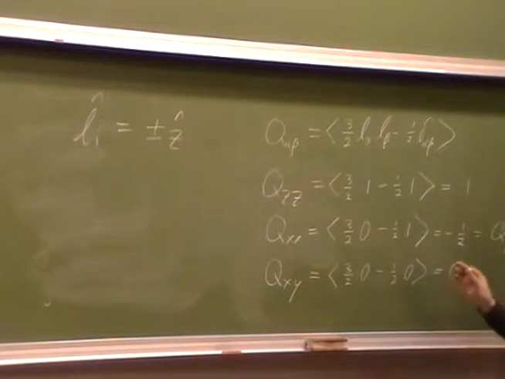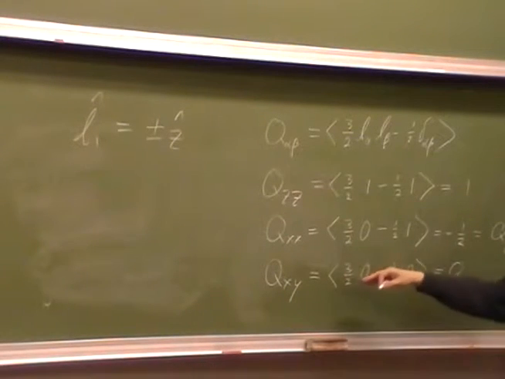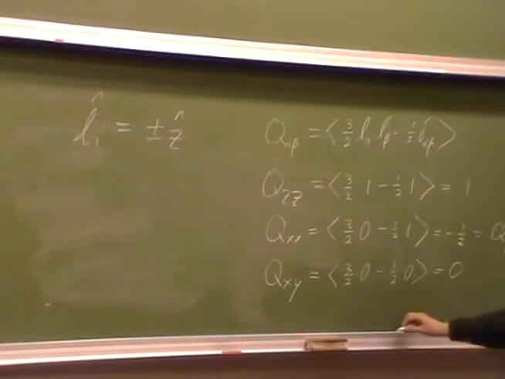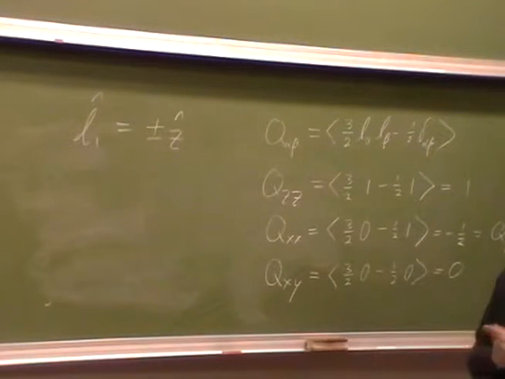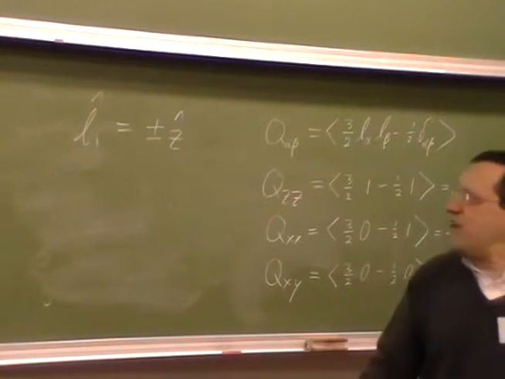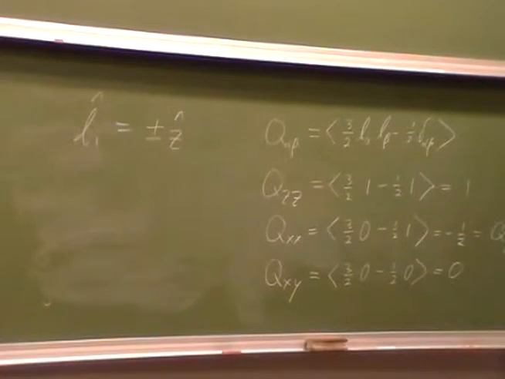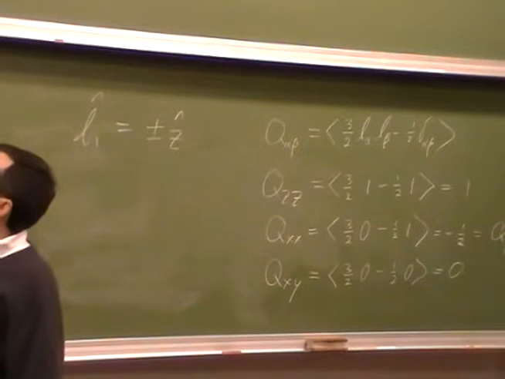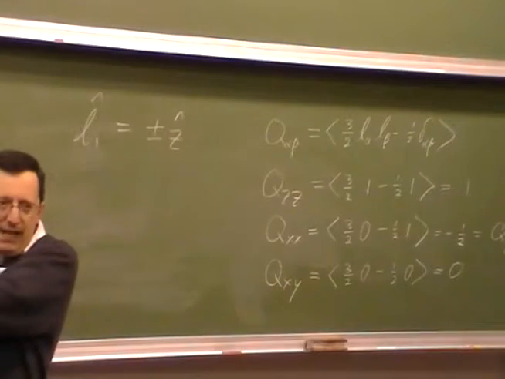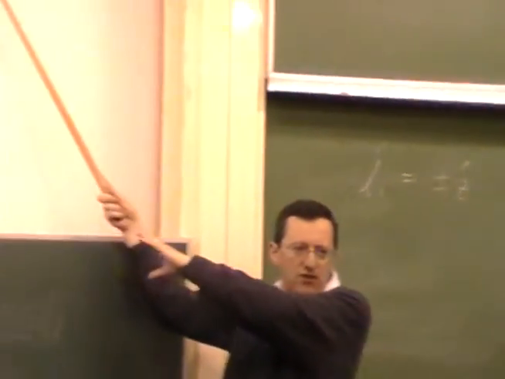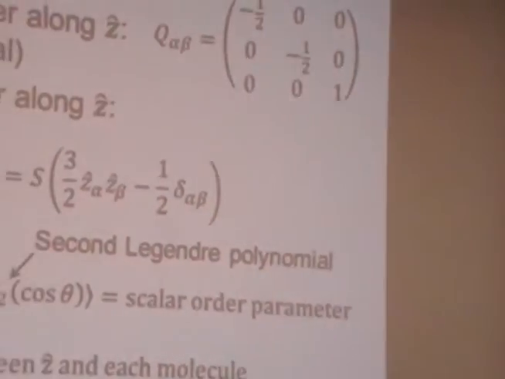So it's 0, and the same for XZ and so forth. Okay, so this is what the tensor looks like if there's no nematic order. This is what the tensor looks like if there's perfect nematic order along the z-axis, okay?